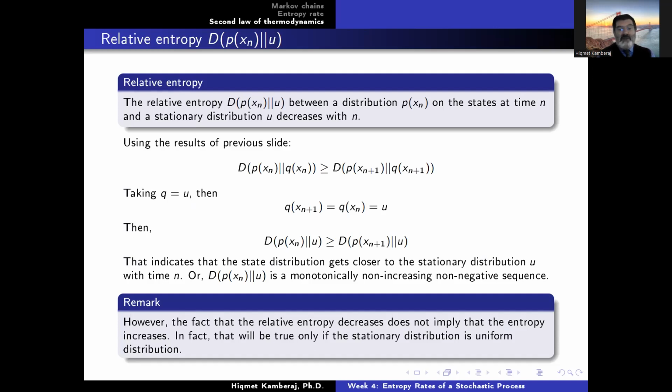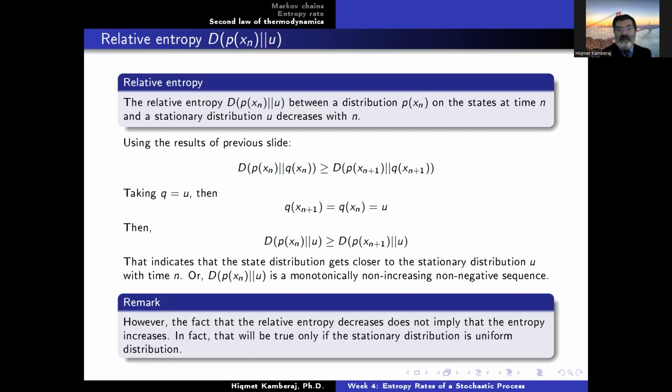Using the result of the previous slide, D of P of xn from Q of xn is greater or equal to D of P of xn plus 1 from Q of xn plus 1. Consider Q as U. Since this is a stationary distribution, it does not depend on the index n, so Q of xn plus 1 is equal to Q of xn, which is equal to U.